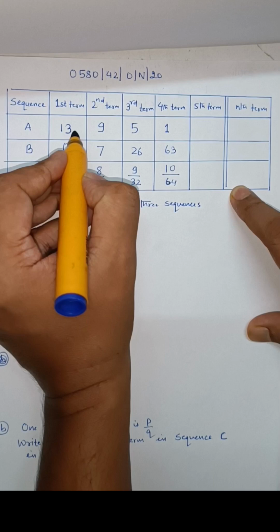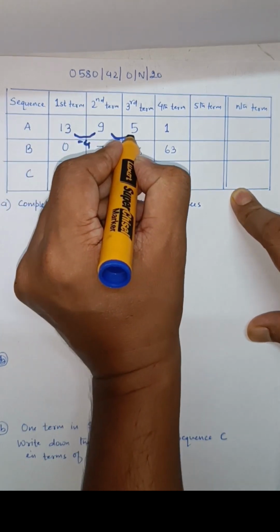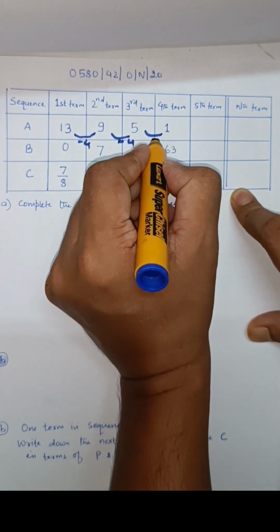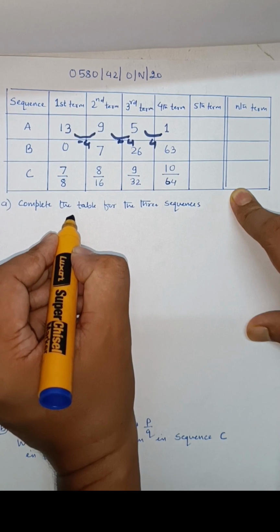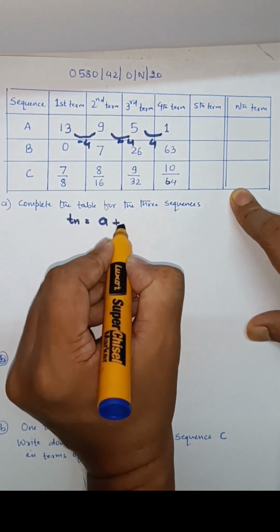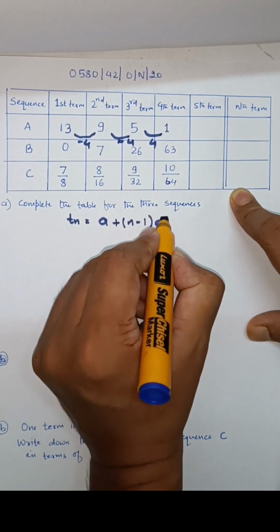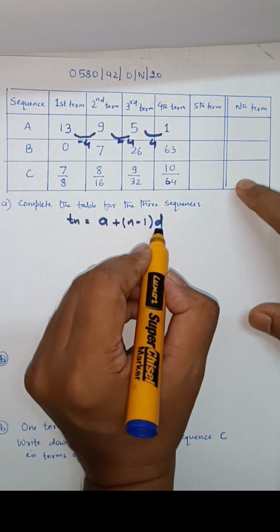If you see, the difference is going to be minus 4, here as well minus 4, and here as well minus 4. That means for the linear or arithmetic sequence, Tn is equal to a plus n minus 1 into d.